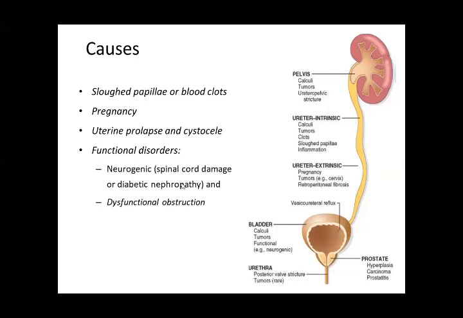Let's see. Causes: slough papilla or blood clots are there. Pregnancy, right? Papilla can block the collecting system, and pregnancy can do the same. Uterine prolapse or cystocele. Functional disorders: neurogenic, spinal cord damage or diabetic nephropathy, and then there is dysfunctional obstruction.